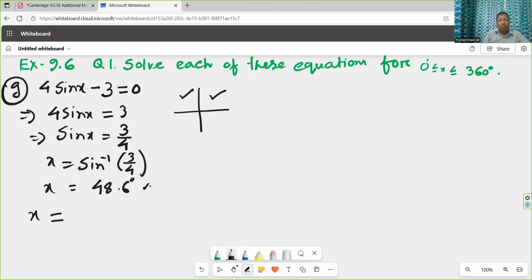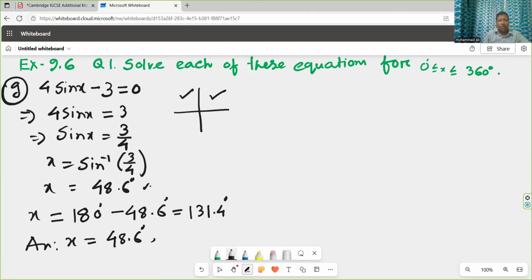For another result in the second quadrant where sine is positive, we have to subtract this acute angle from 180 degrees. So we'll get 131.4 degrees. Final answer: x equals 48.6 degrees and 131.4 degrees.